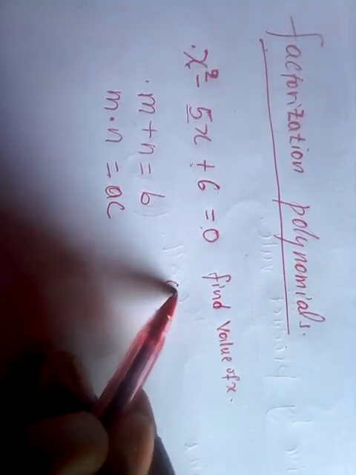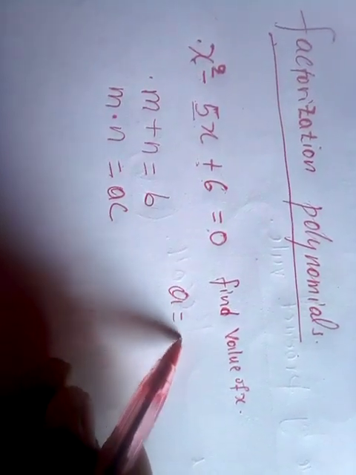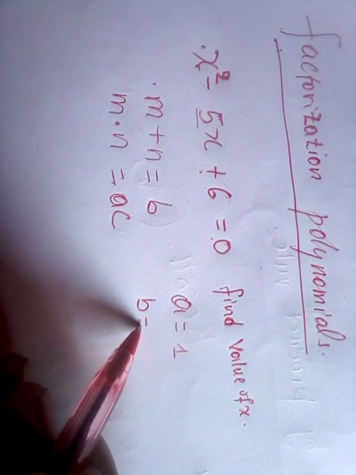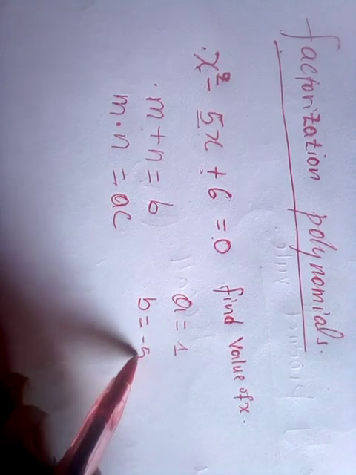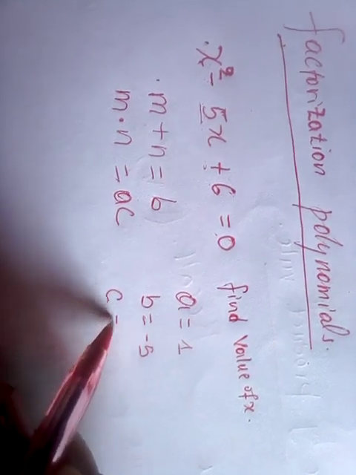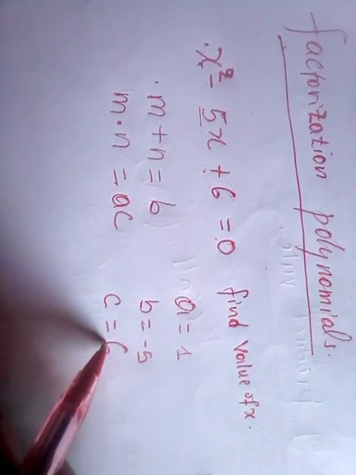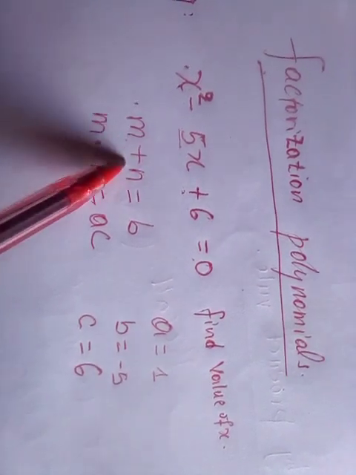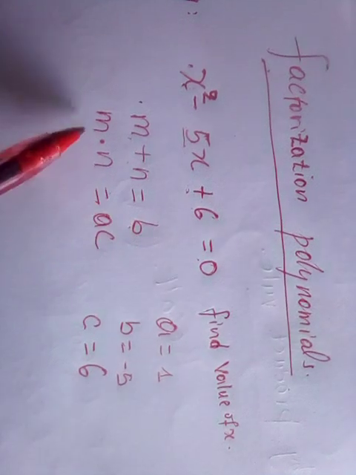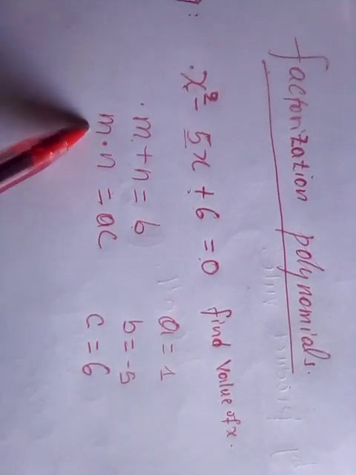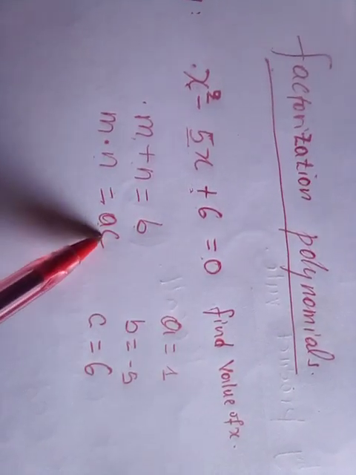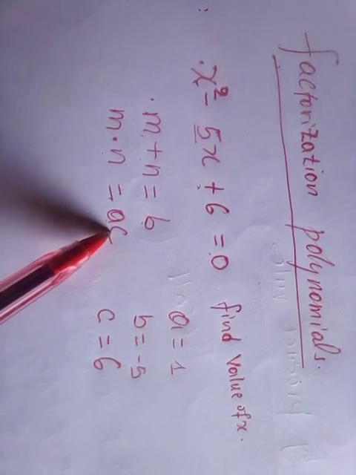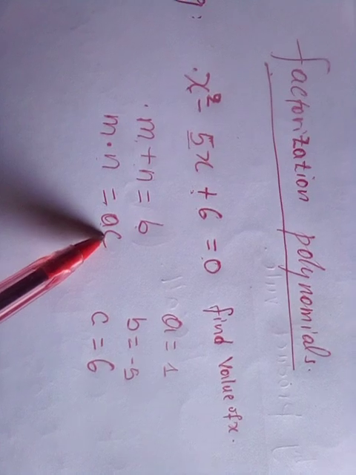Here, a is 1, b is negative 5, c is 6. So we have to pick numbers which you can add to give b, and multiply those two numbers to give ac, which is 1 times 6 equals 6.